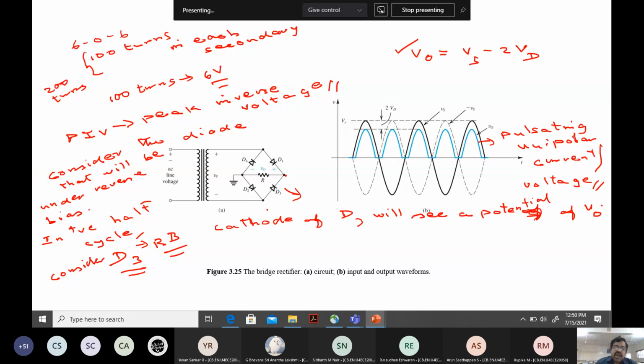Now what about the anode? Anode of D3, what will be the potential? That is what we have to see.